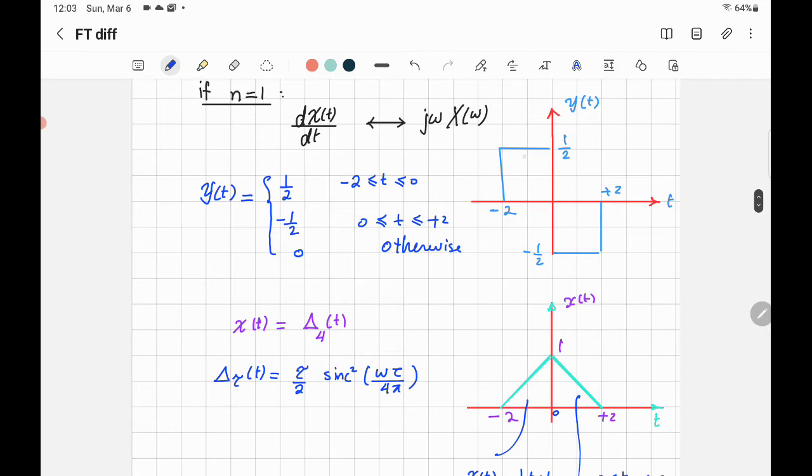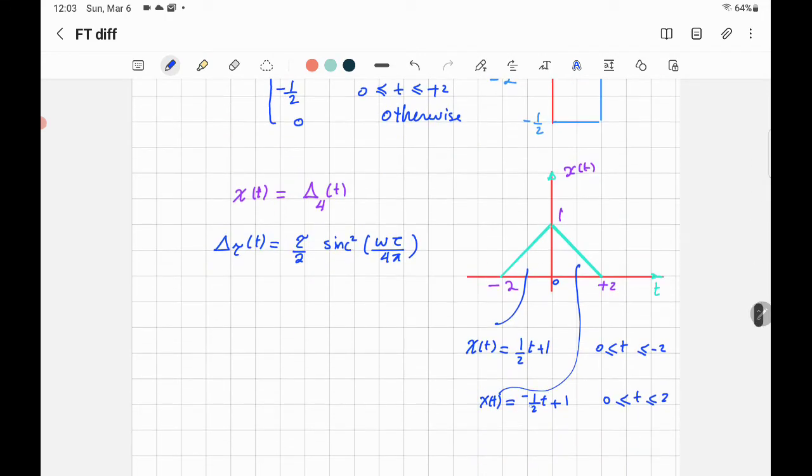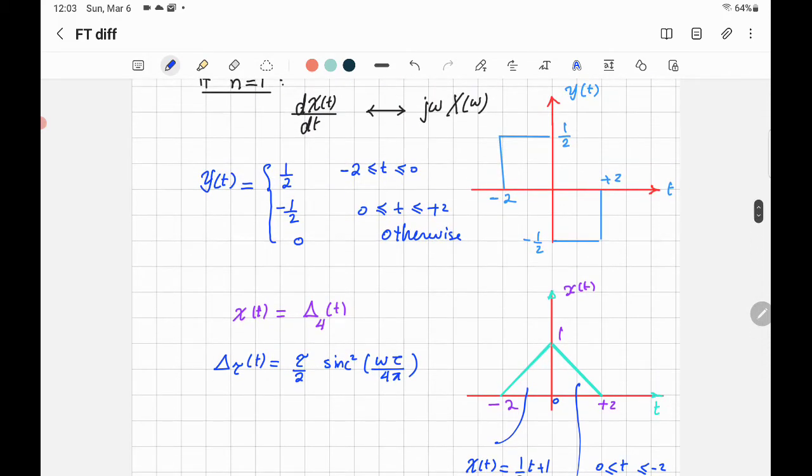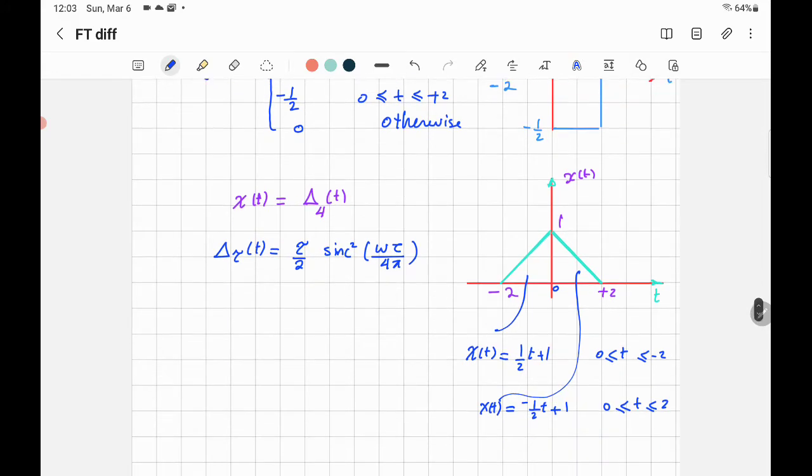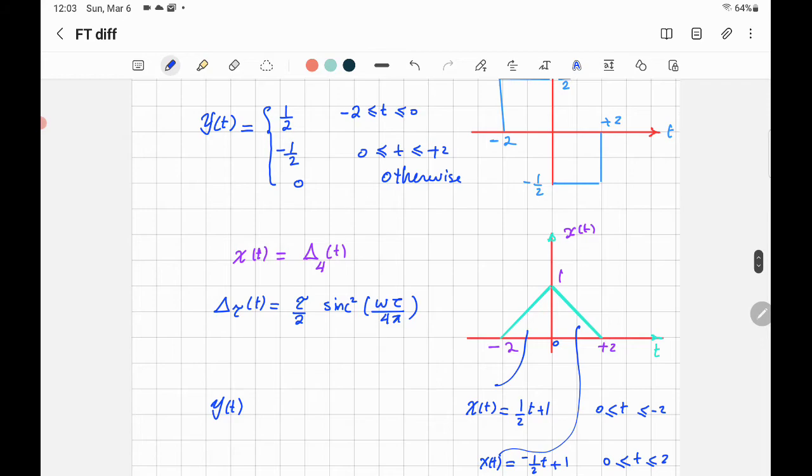The differentiation is half between negative 2 and 0, and negative 1/2 between 0 and plus 2. That's it. So this signal, if you differentiate it, you get this one. So you can write that y of t, the one here at the top, is the differentiation of x of t.